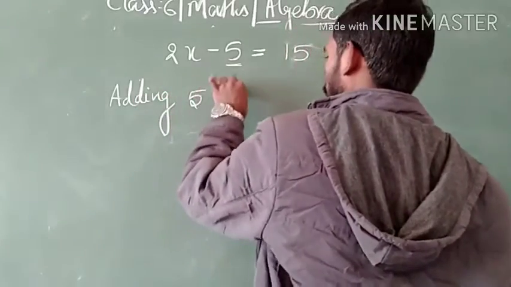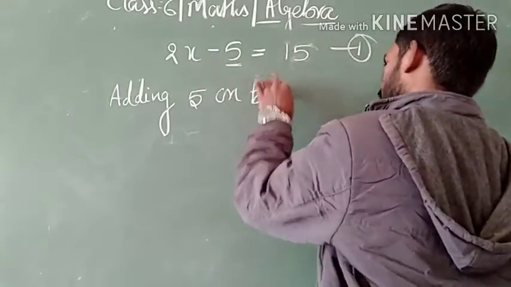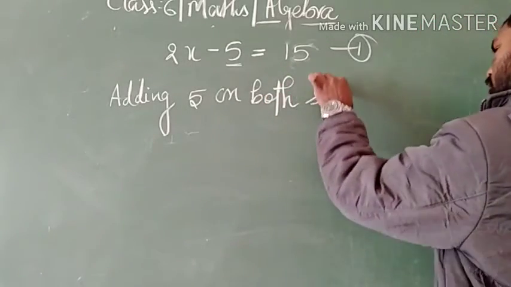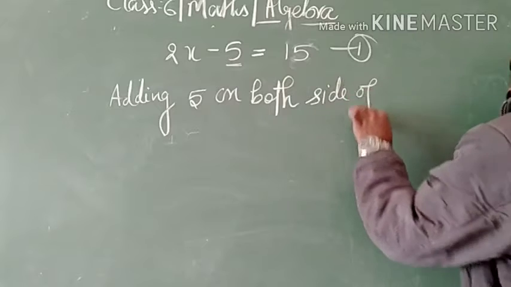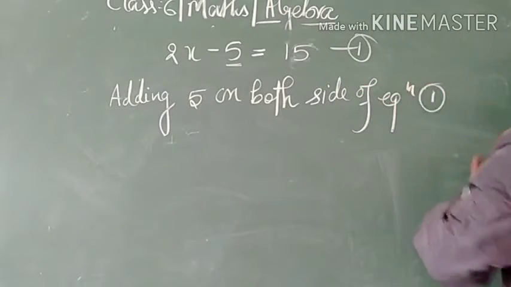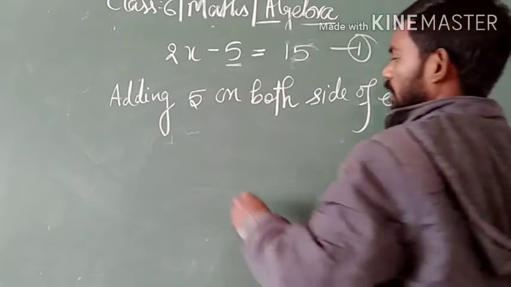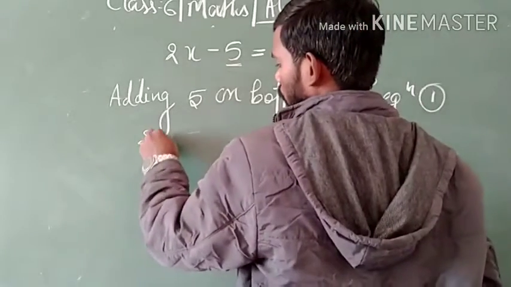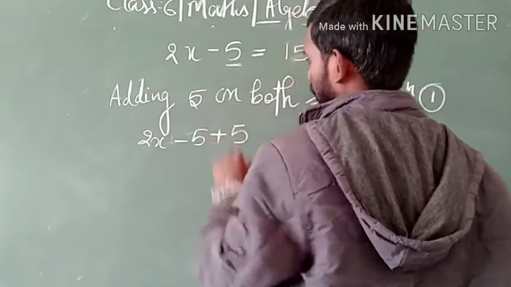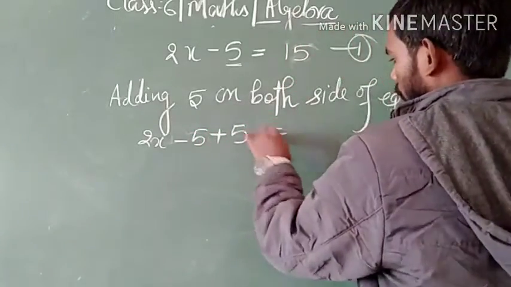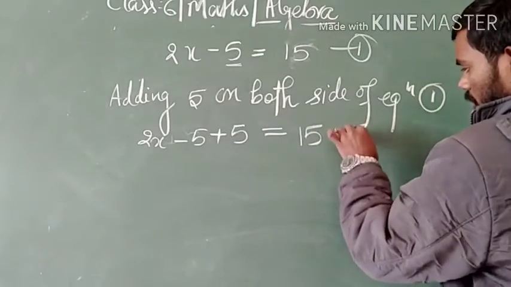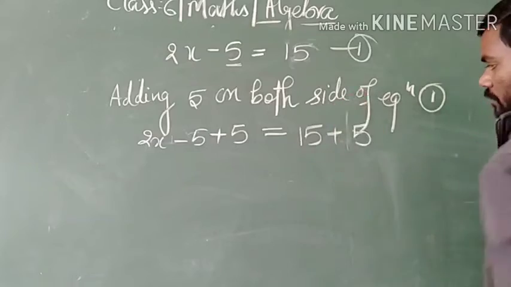5 on both sides of equation 1. We get 2x minus 5 plus 5 equal to 15 plus 5.